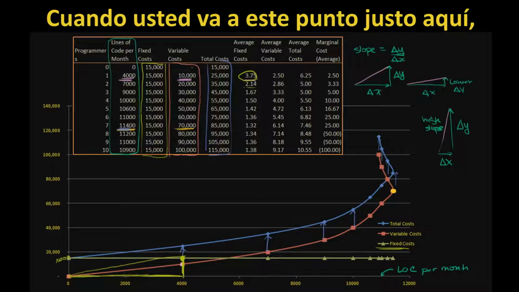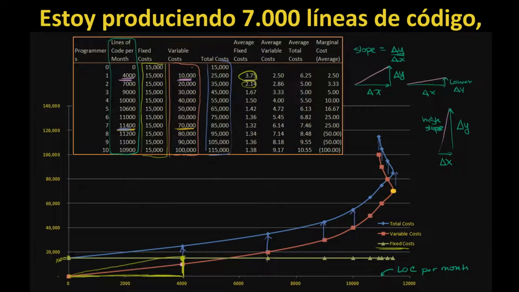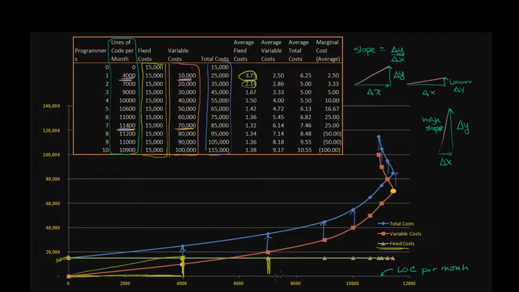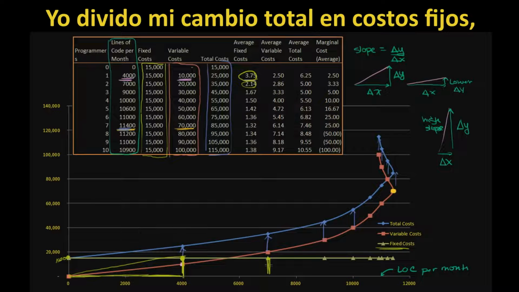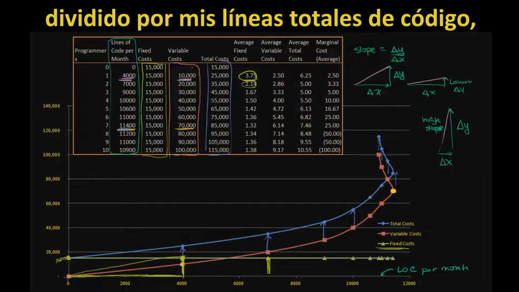When you go to this point right over here, you're saying, okay, I'm producing 7,000 lines of code, and it still costs me $15,000. I divide my total fixed costs by my total lines of code.